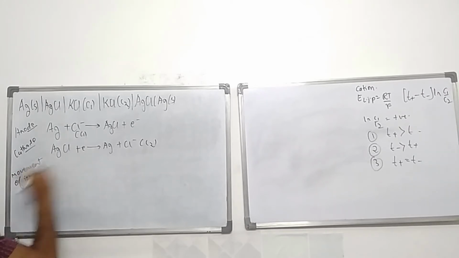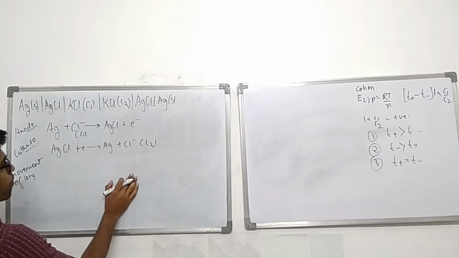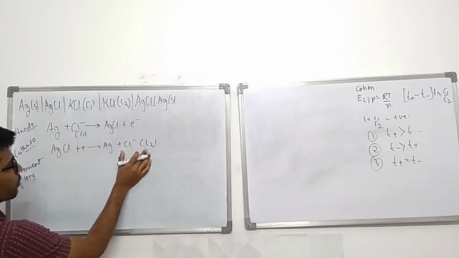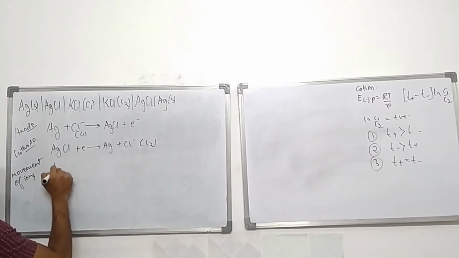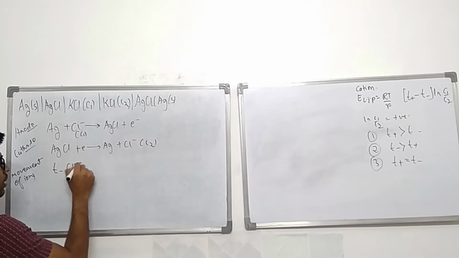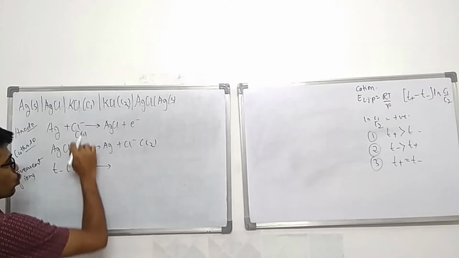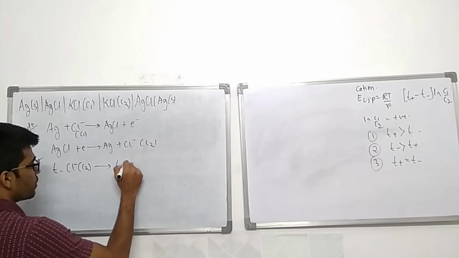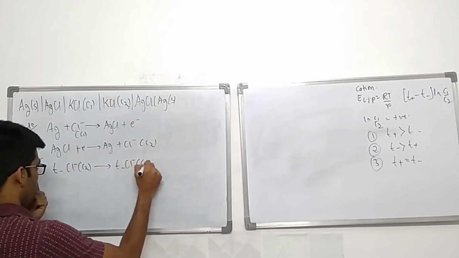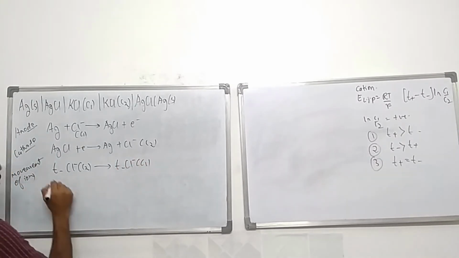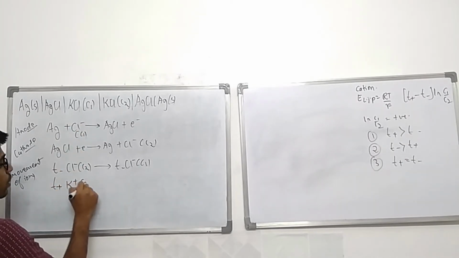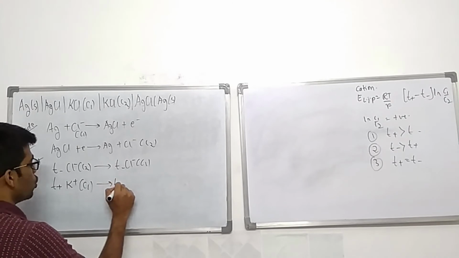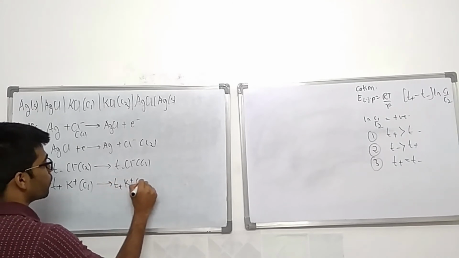Again, for the movement of ions, since Cl minus is generated here at C2 concentration, T minus amount of Cl minus from C2 goes to C1, so I will get T minus Cl minus at C1, and the oppositely charged ion, which in this case is K plus, will go from C1 side to C2 side.